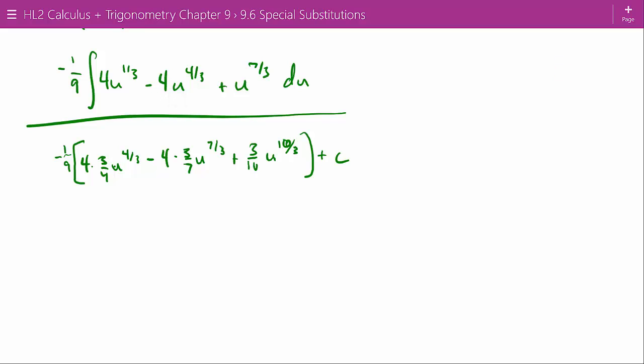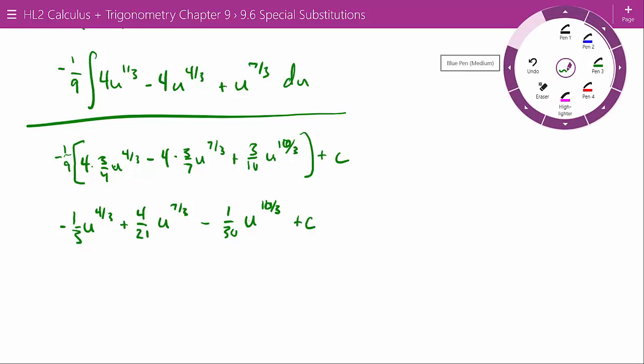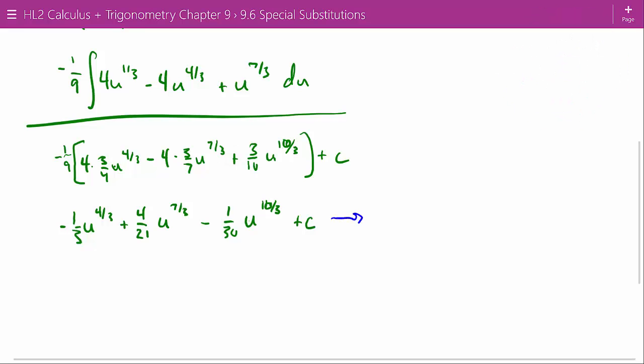And we can clean this up a little bit here. We have negative 1/3 u to the 4/3 plus 4 over 21 u to the 7/3 minus 1/30 u to the 10/3 plus c. And we really could at this point just make our substitution for what u is, and call it good.